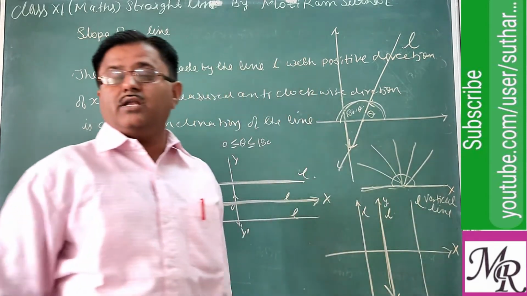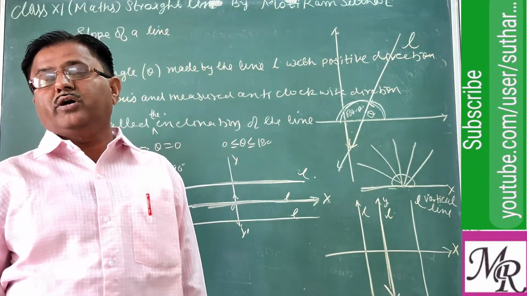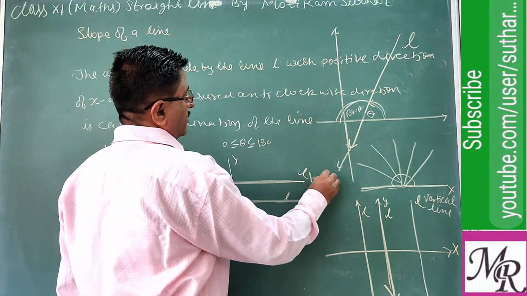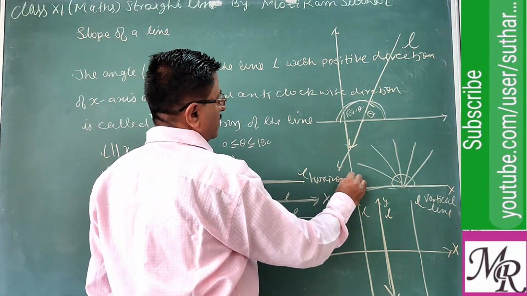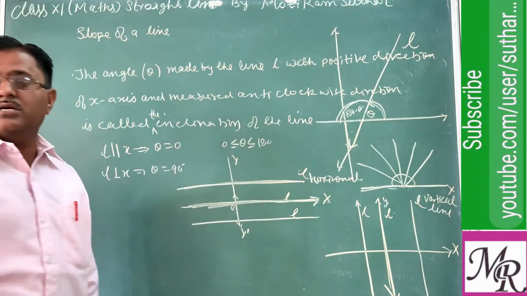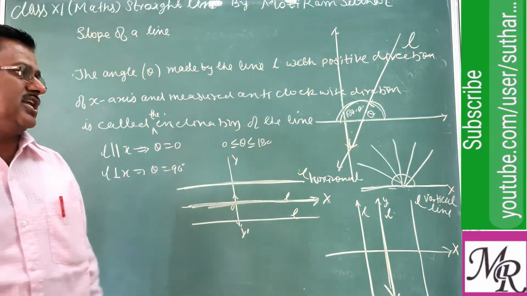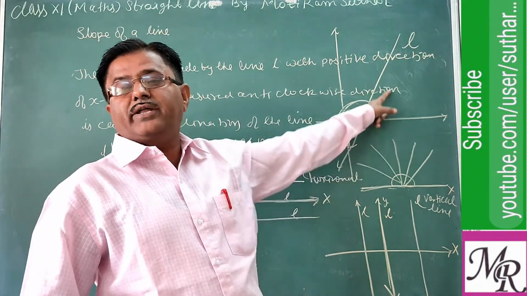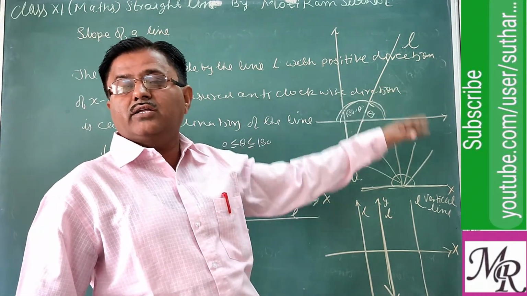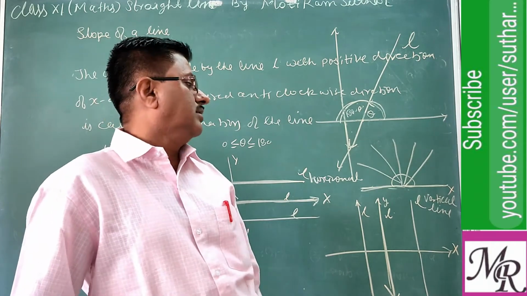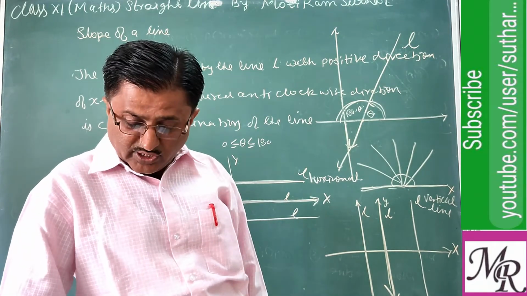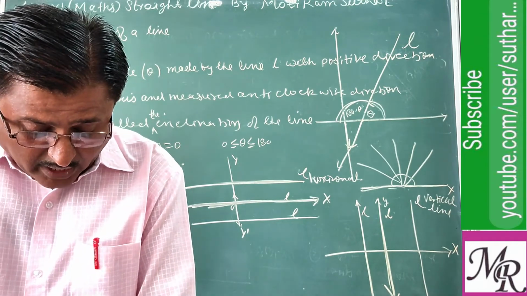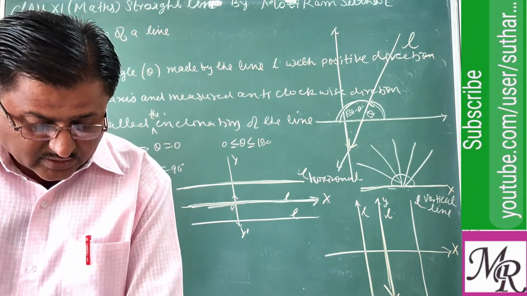So the inclination of a vertical line will always be 90 degrees, and the horizontal line inclination is 0. A slanting line, like L here, has theta neither 0 nor 90 degrees. So these are some different positions of a line with respect to the x-axis.